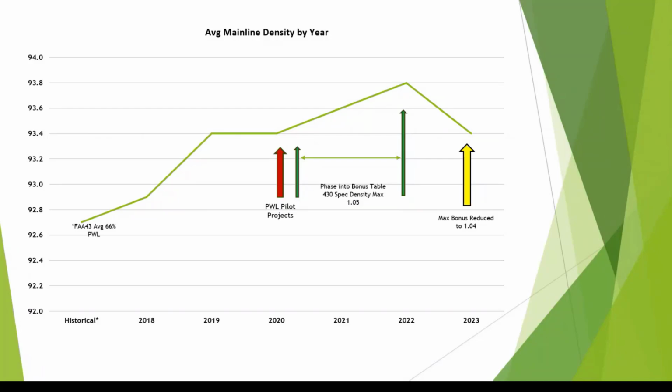And if you look at this chart, far left here, this is density, obviously, here in the vertical column. This first horizontal line is historical, and Amy Bicey did this when they did the first PWL jobs, and we'll look at that pretty quickly. But the historical average, and this is thousands of projects, obviously, of FA 43, was 92.7%.